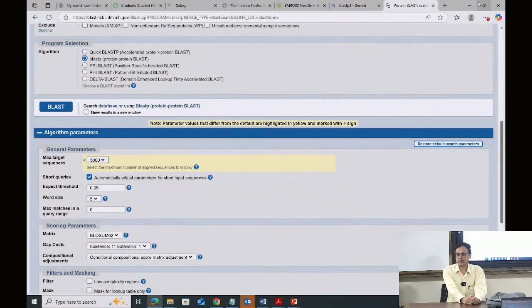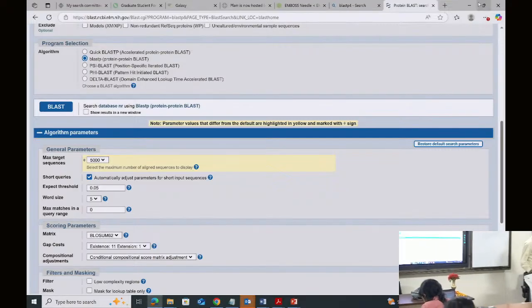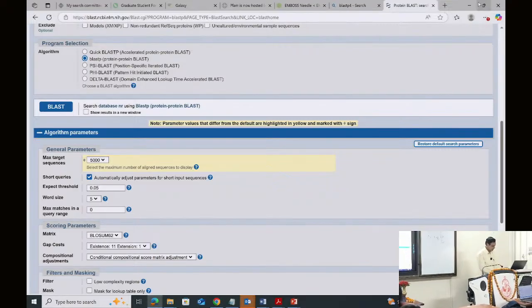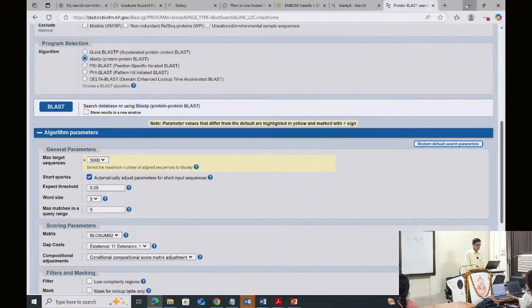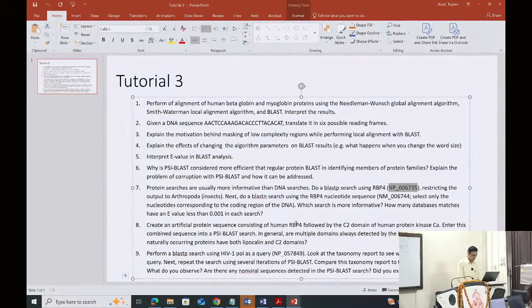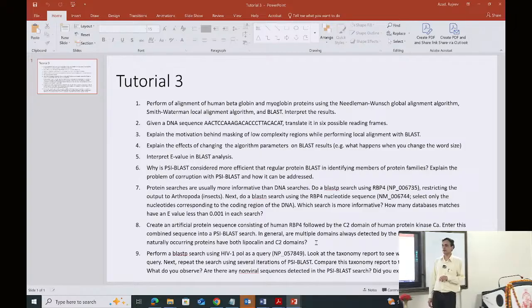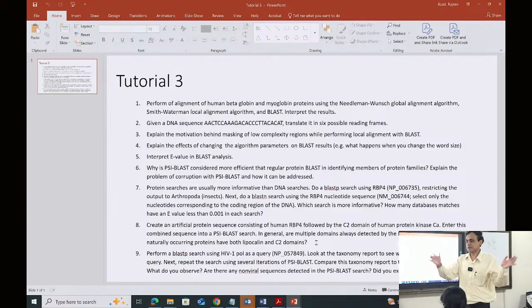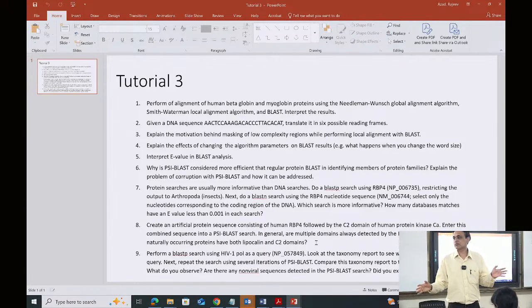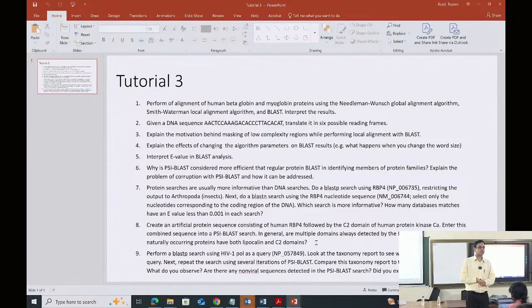So I will skip the next question. Go to the last question. Next question is for your homework. Question number 8 I am skipping, and I am asking you, when you go back to home or wherever you are staying, you try question number 8. Then that is also pairwise alignment.